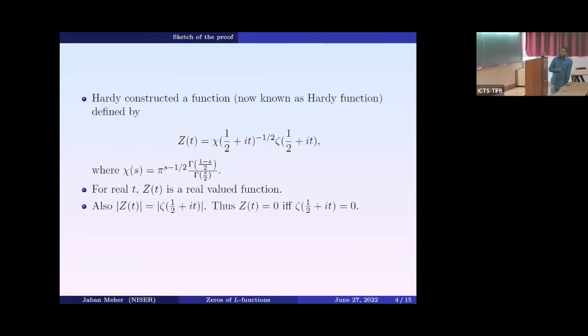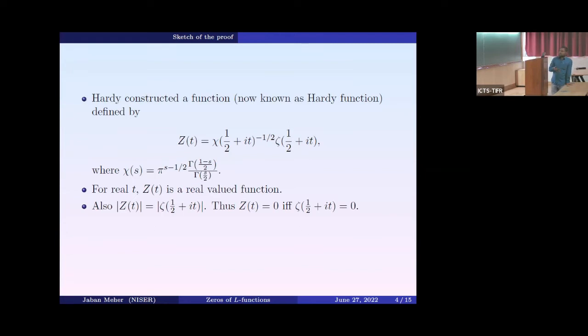And trivially one can see that the absolute value of the Riemann zeta function at half plus it is the same as Z(t). So Z(t) is a real valued function. From here one can say that Z(t) is 0 if and only if zeta(half plus it) is 0. This is important because Z(t) is a real valued function, and we are relating it to the Riemann zeta function.